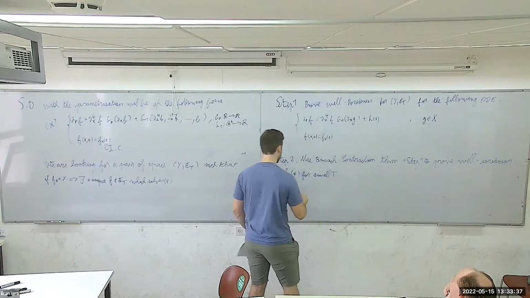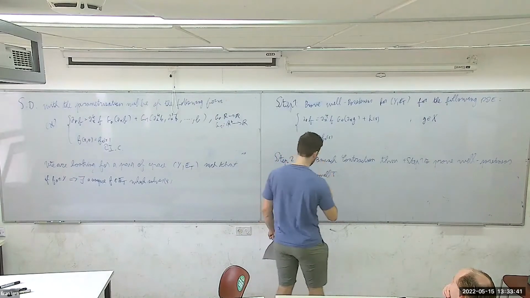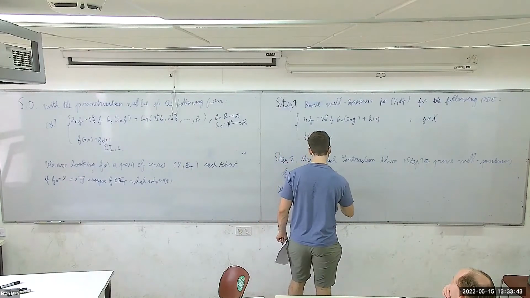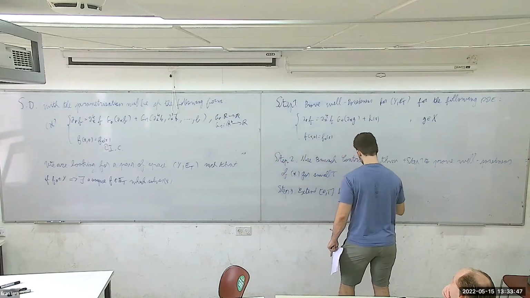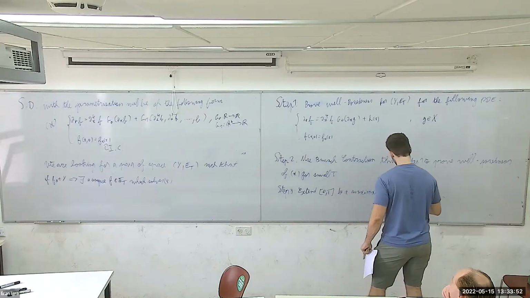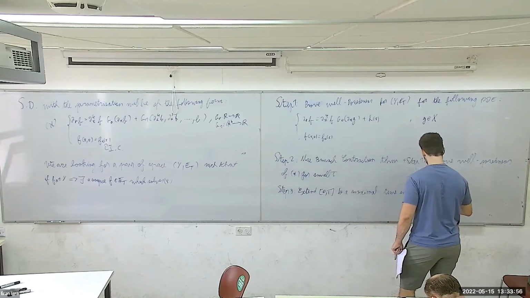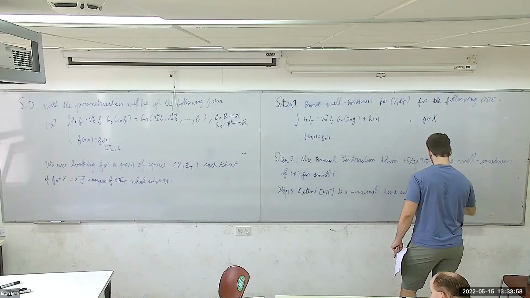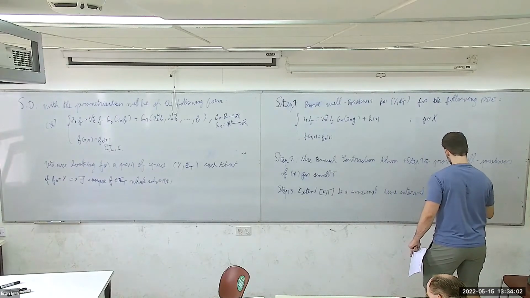And step 3 is extend 0, t to a maximal interval. Maximal time interval, 0 to T max.